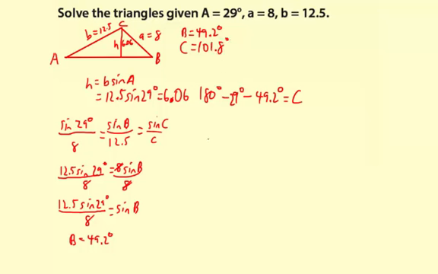So the last thing to solve for is the side length C, and I'm going to use this proportion. I'm going to go all the way across, just like that. So I'm going to ignore the middle part of this proportion and just use the two ends. So cross multiplying, it's going to be 8 times the sine of C, and we know the measure of angle C is 101.8 degrees, equals C times the sine of 29 degrees. Divide both sides by the sine of 29 degrees.